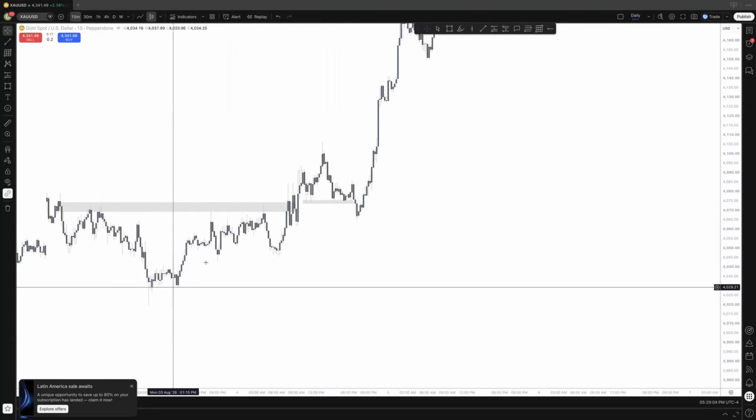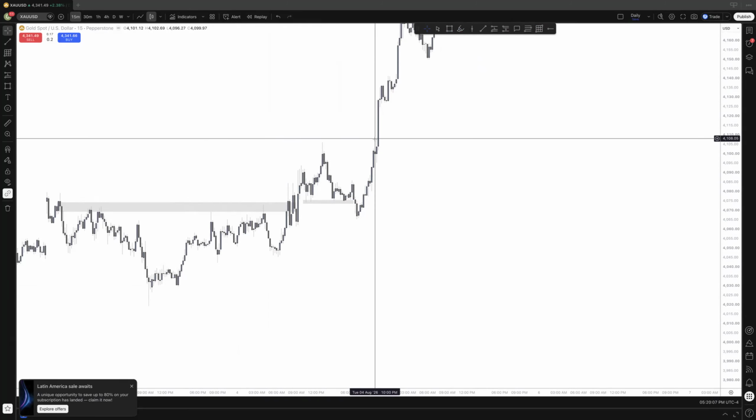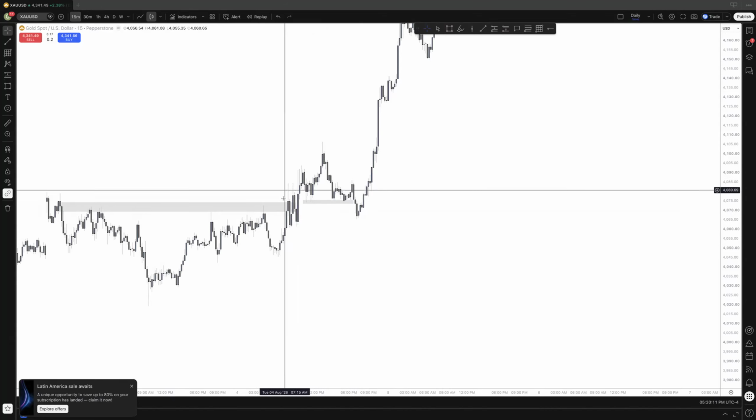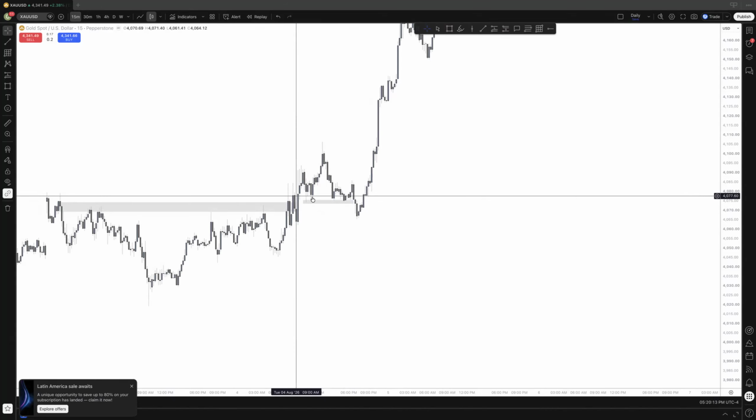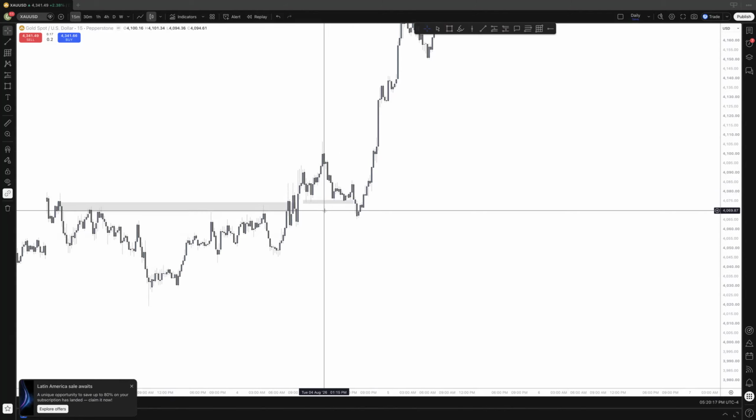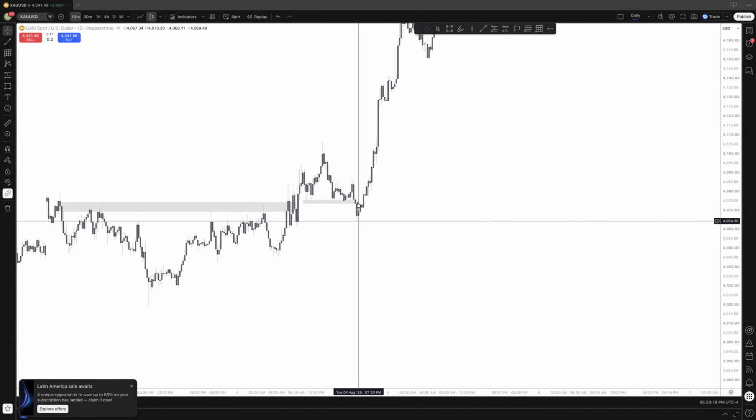We're clearly bullish on the 15 minute, but I also see that we created these equal lows to the downside that act as a floor. Price pushes below that floor.